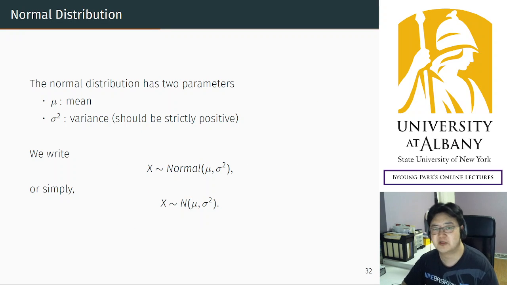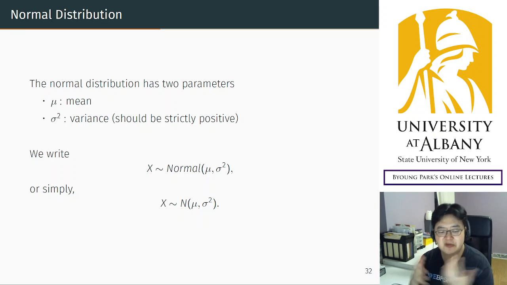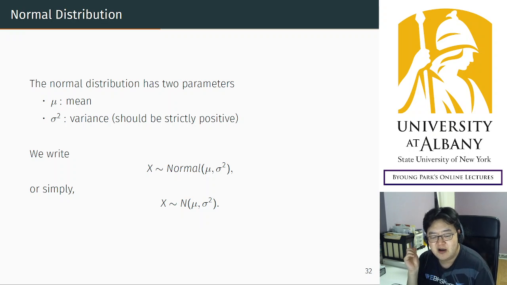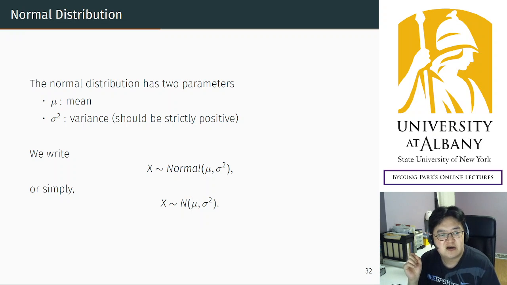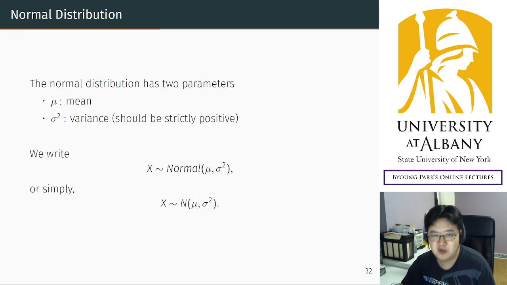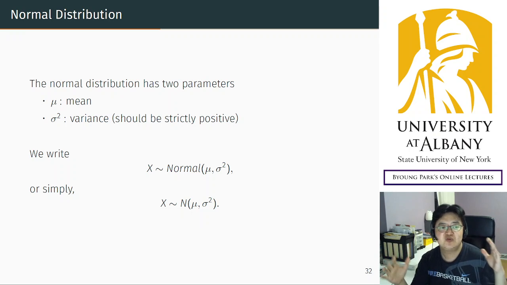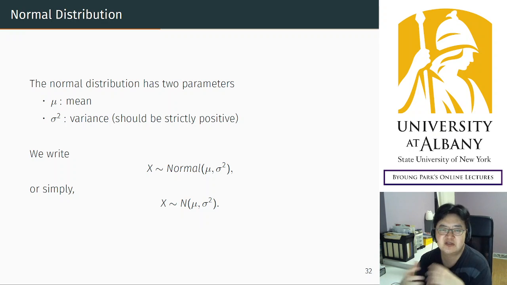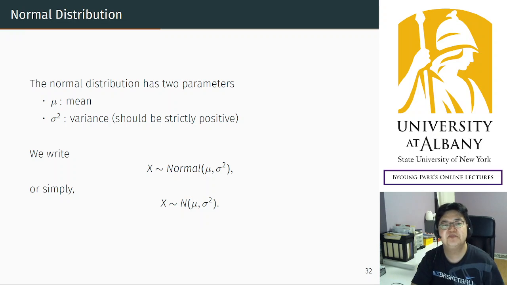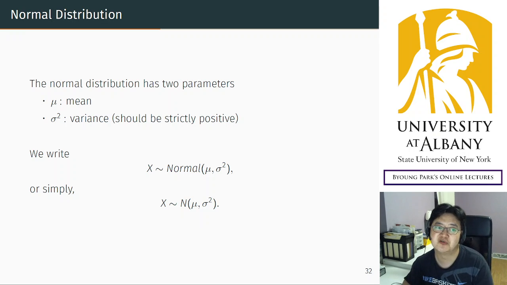So what is the normal distribution? The normal distribution has two parameters. By the way, the normal distribution does not have a direct experiment that implies it, like the binomial distribution. When I introduced the binomial distribution, I described how to design an experiment so that the outcome follows a binomial distribution.